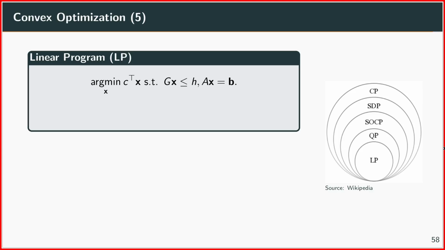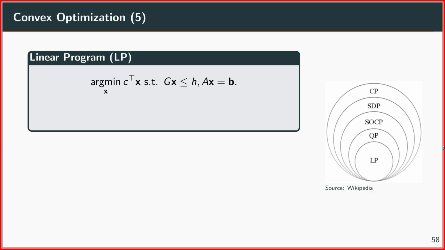And convex optimization problems can also be further refined into different optimization problems. This is something which you can see here on the right. So CP stands for convex program or convex optimization problem. And you can see here that there are several problems which are subsets of convex programs. One is, for example, a linear program or linear optimization problem where everything is linear in terms of x.